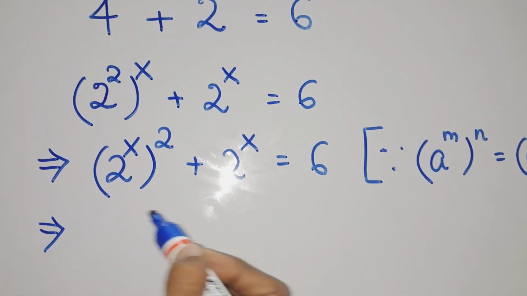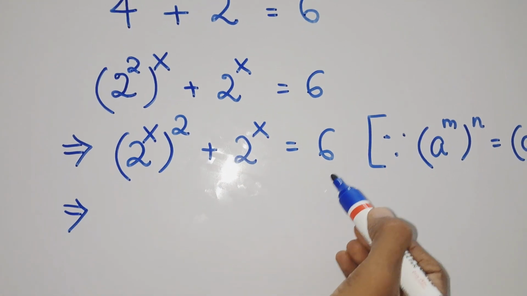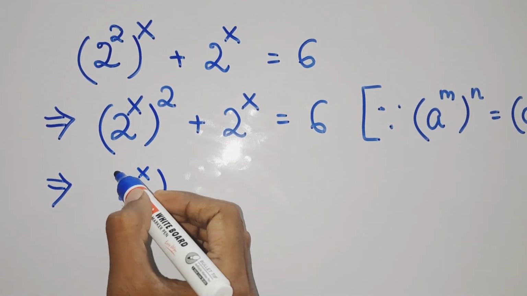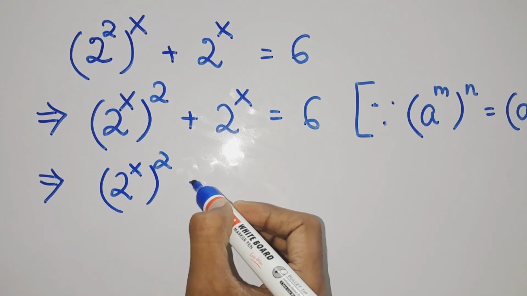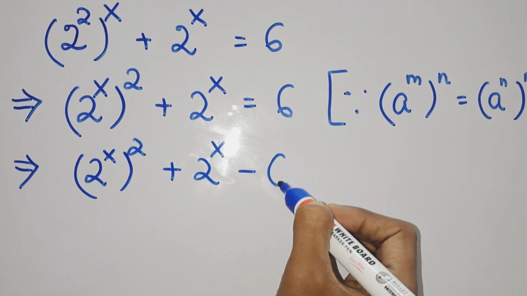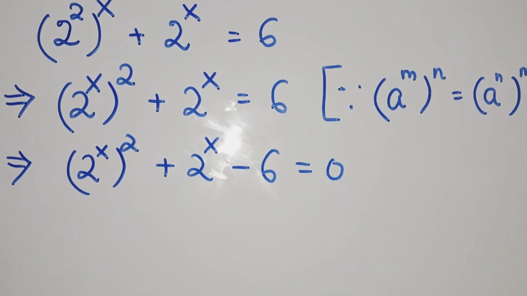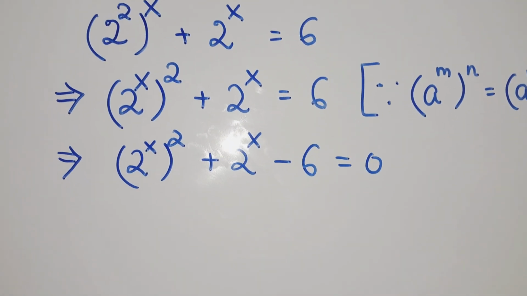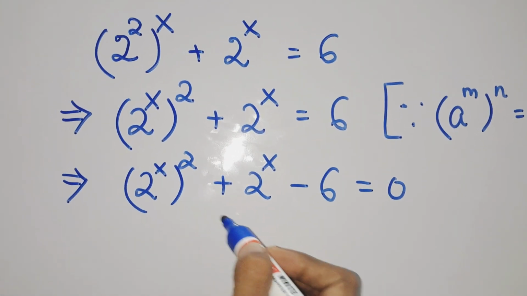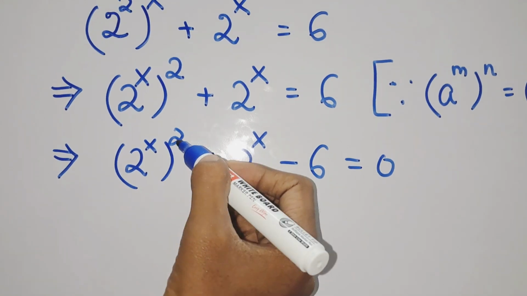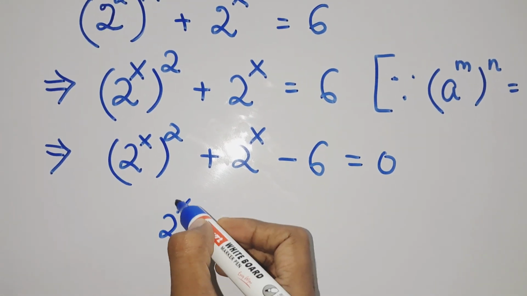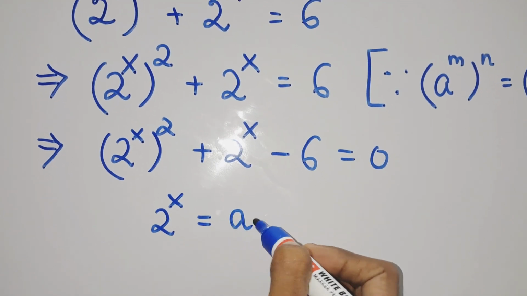Now next step, we can bring 6 this side, that is 2 raised to power x whole raised to power 2 plus 2 raised to power x minus 6 equals to 0. Now we can substitute something here. That means we can take 2 raised to power x as some variable, say 2 raised to power x equals a.